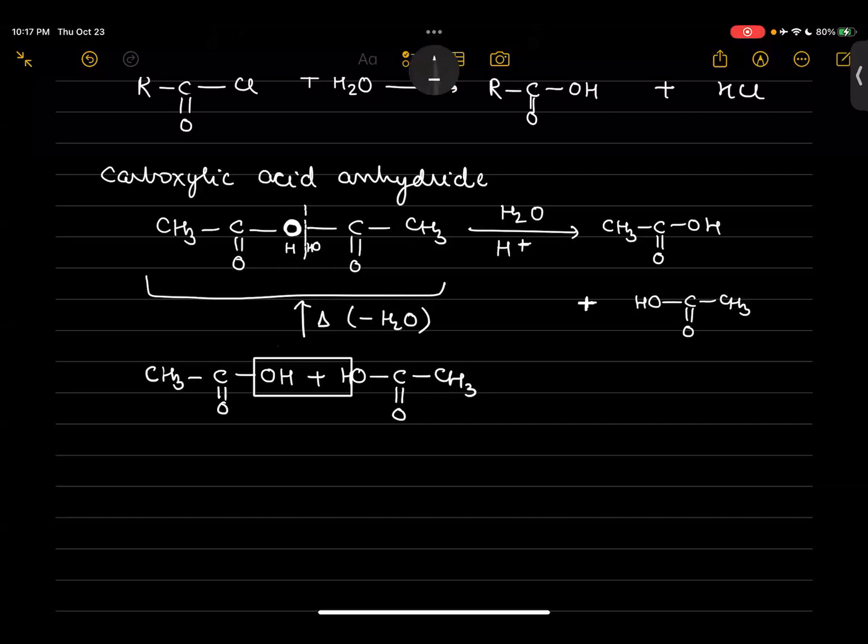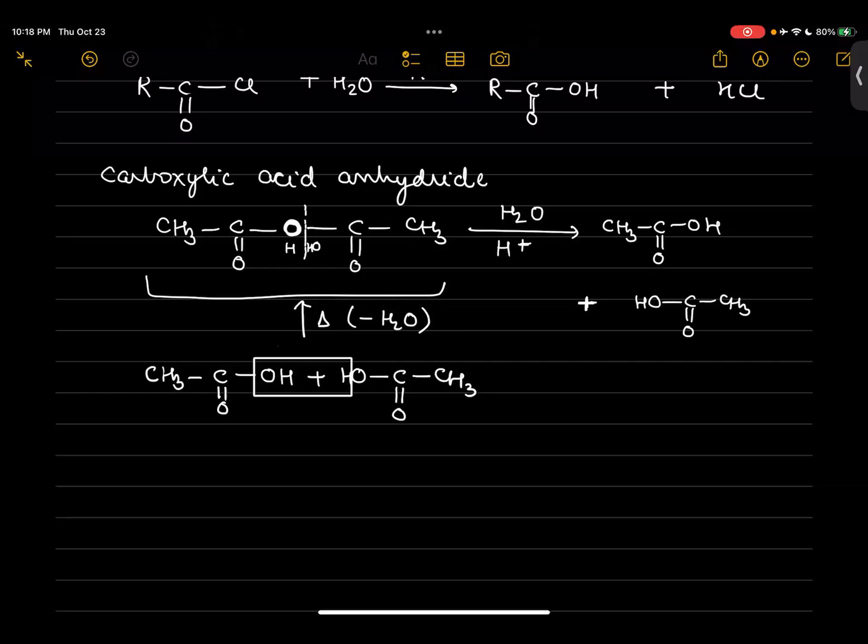Clear or not? And when you put water, as in the above case, it breaks again into two carboxylic acid molecules. What's the name of the anhydride? The anhydride functional group is two CO with an O in the middle.